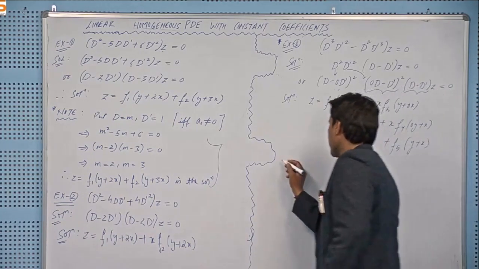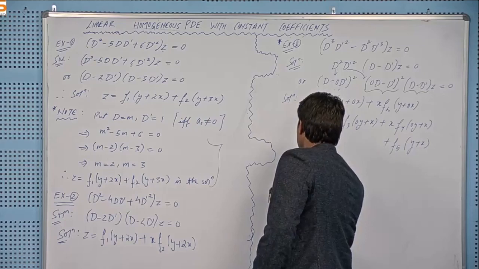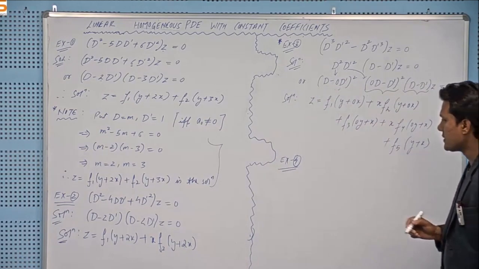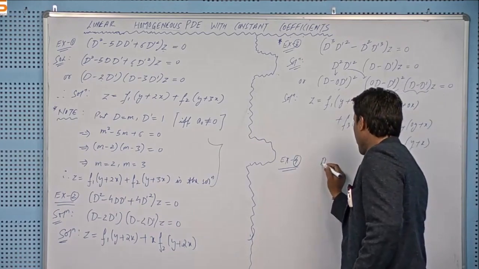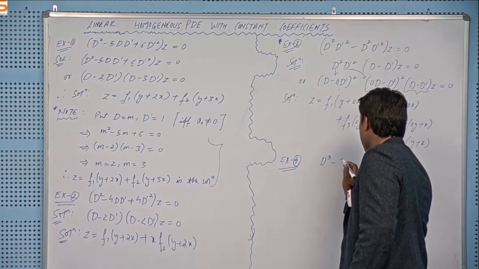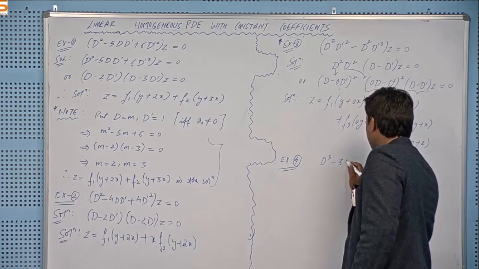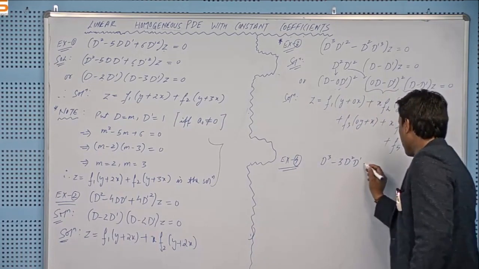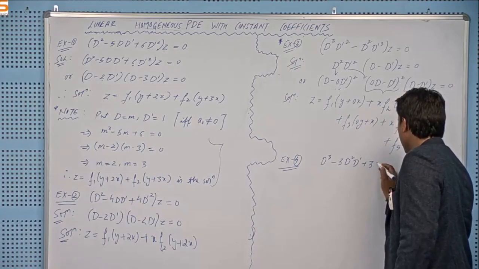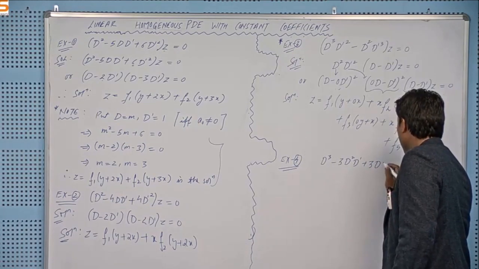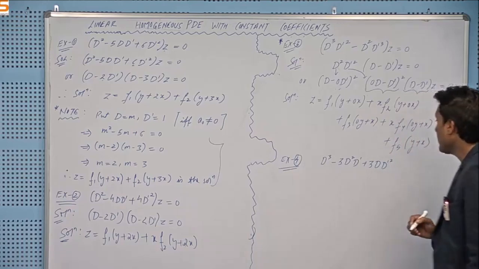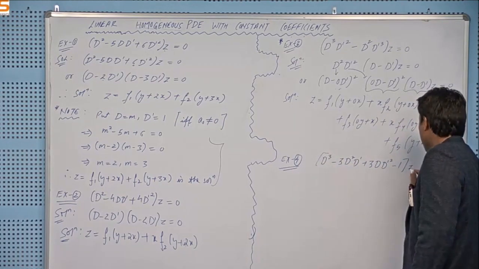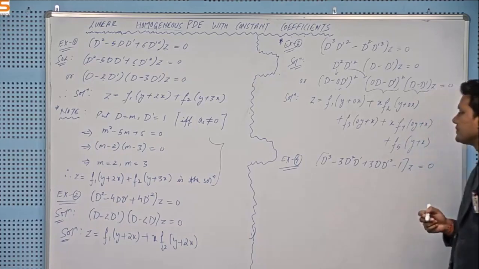Okay, taking another example, maybe a kind of example which has repeated roots and distinct roots as well. Example number 4, and let me write it as d cube minus 3d square d dash plus 3d d dash square minus d dash cube, operated on z equal to 0.